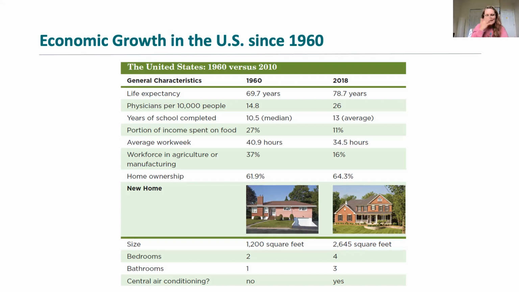So traditionally in 1960, a family of four had a 1,200 square foot house with 2 bedrooms and 1 bath. And now a family of four has a 2,600 square foot house with 4 bedrooms and 3 baths. So we are definitely seeing an increase in living standards and consumer expectations over time.